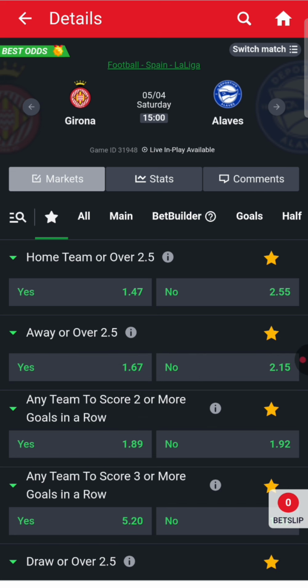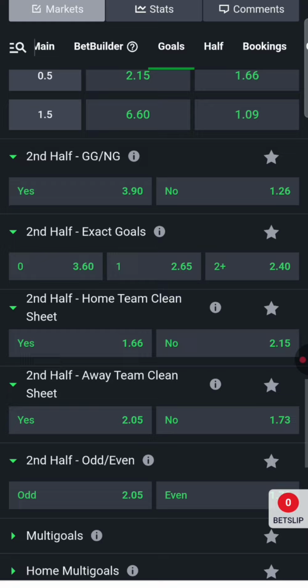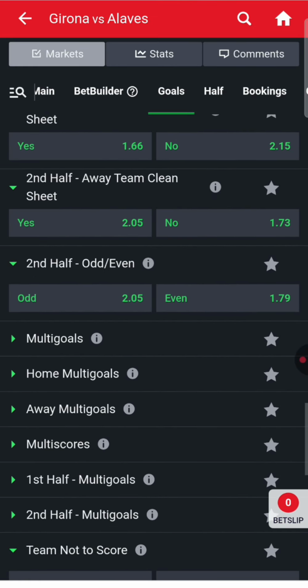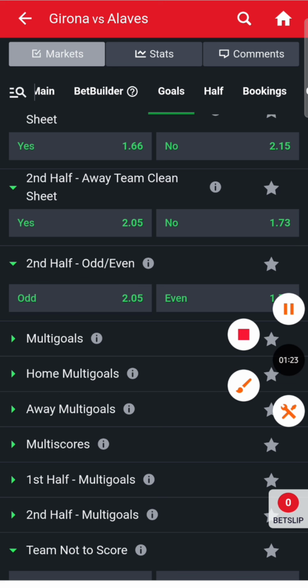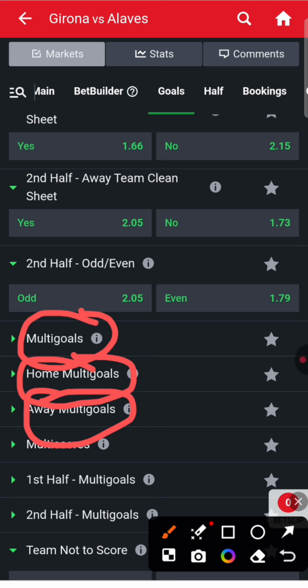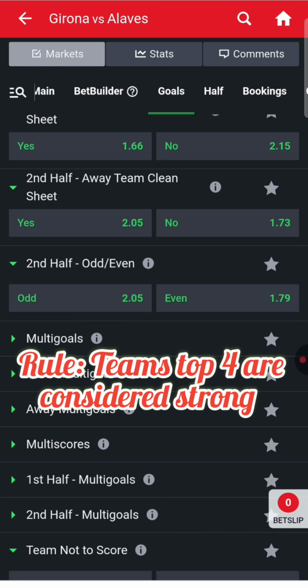Then it also determines under goals as well. Also determines the multiple goals. Understand? Look at it here. Multiple goals. And as well, home goals and away goals. Everything goes here. This is using H2H to determine it.